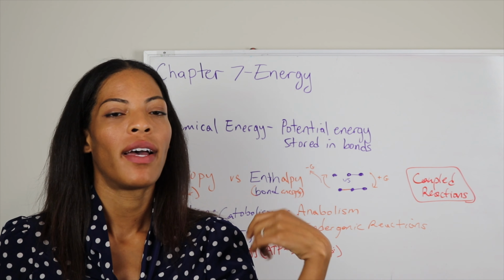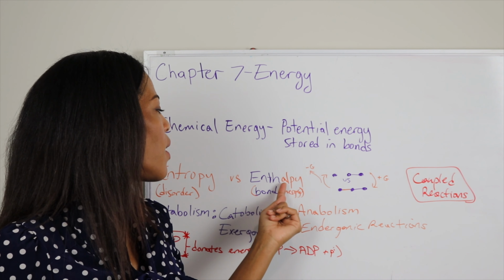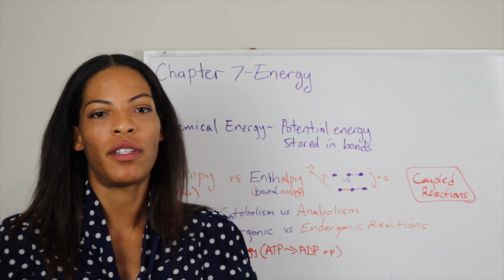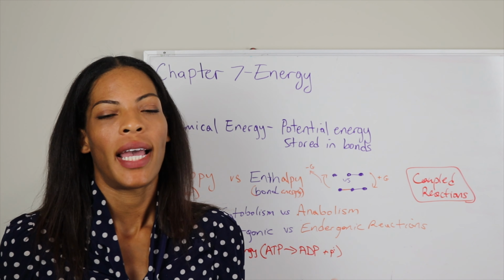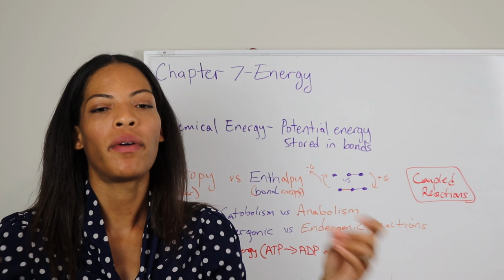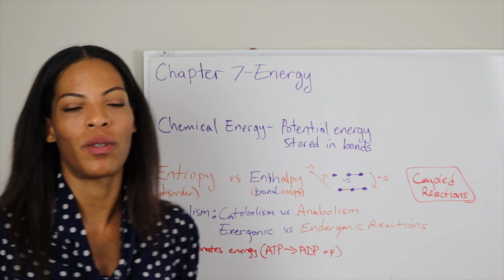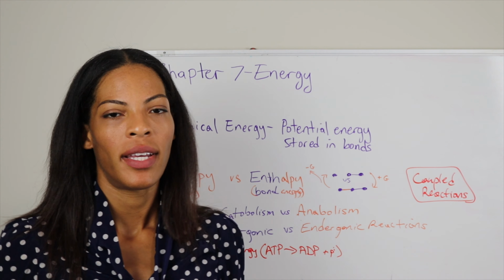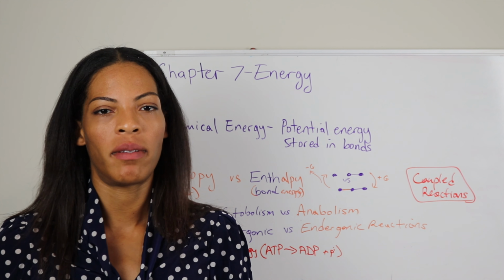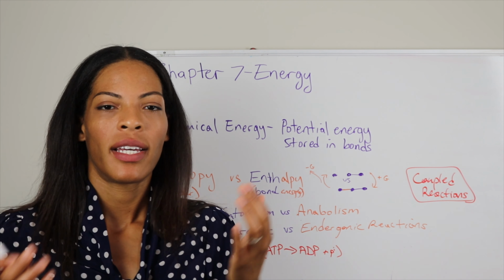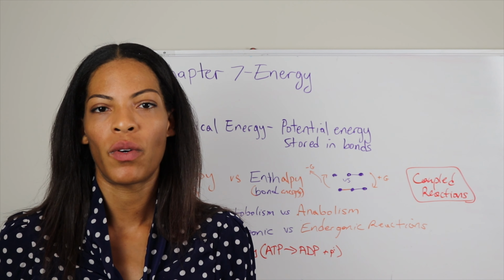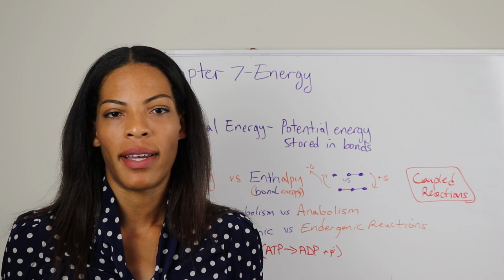If you have low enthalpy, it means that you don't have a lot of bonds to break, and that's likely because you've already broken them. That means you have high entropy because you're now spread out in a disorderly molecule. Okay, so go between these two concepts and make sure you understand them together, because that's how it will make a lot of sense for what we're going to talk about next.